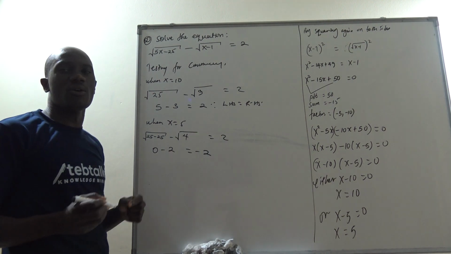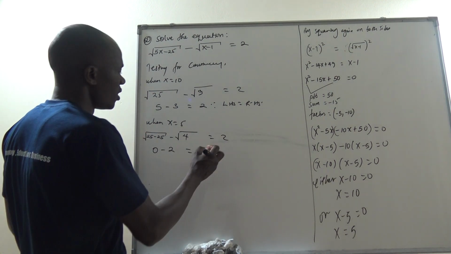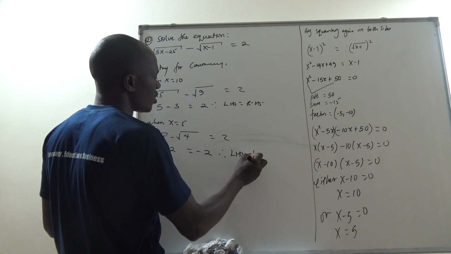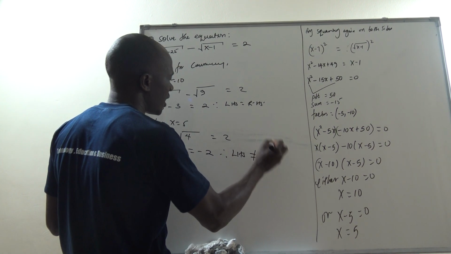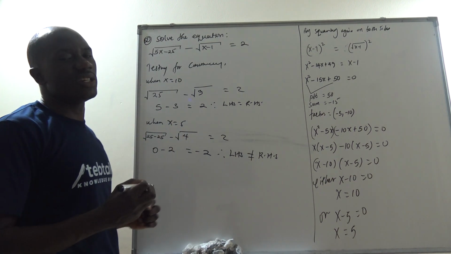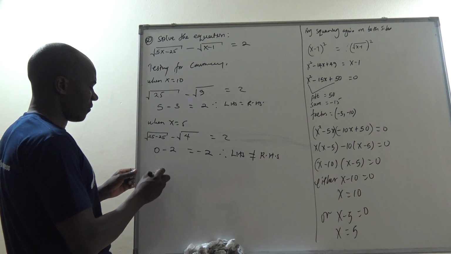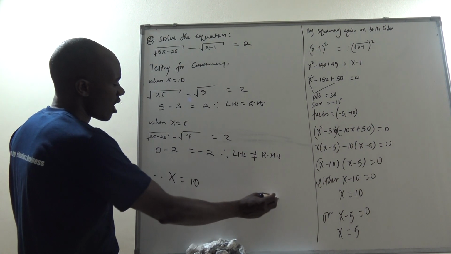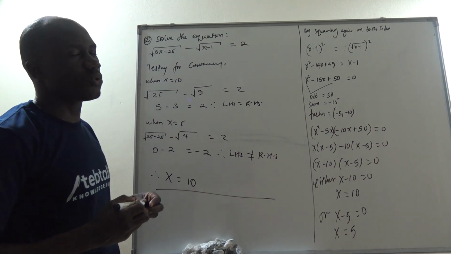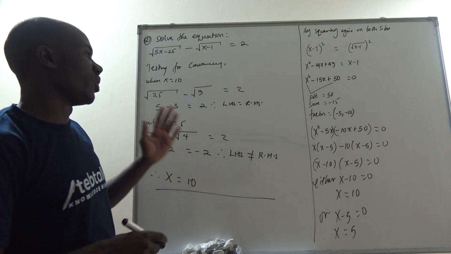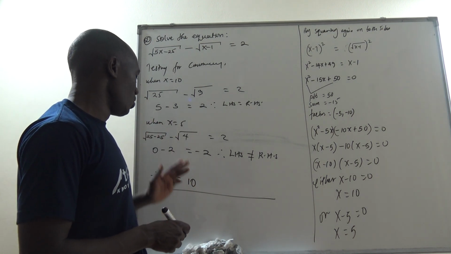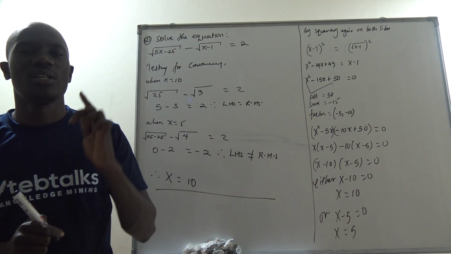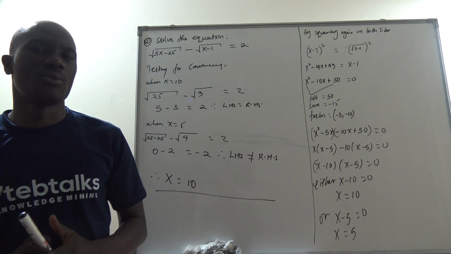But on the other side we have a positive 2. It implies that the left hand side is not equal to the right hand side. So how do you conclude the right value of x? You say therefore x equals 10. Out of the two values we came out with, we have seen that the correct value is 10, because we substituted and saw that the consistent value is that one. That's what you can do with that.